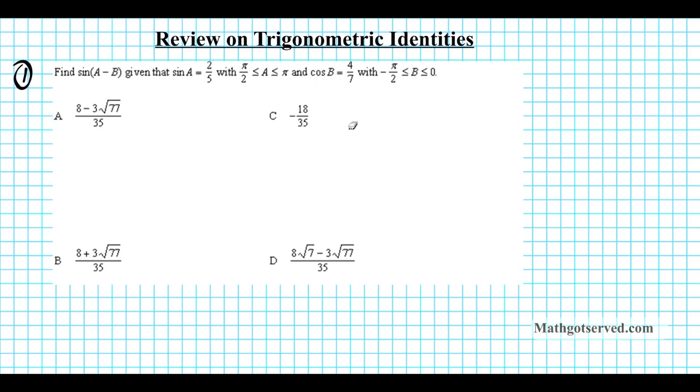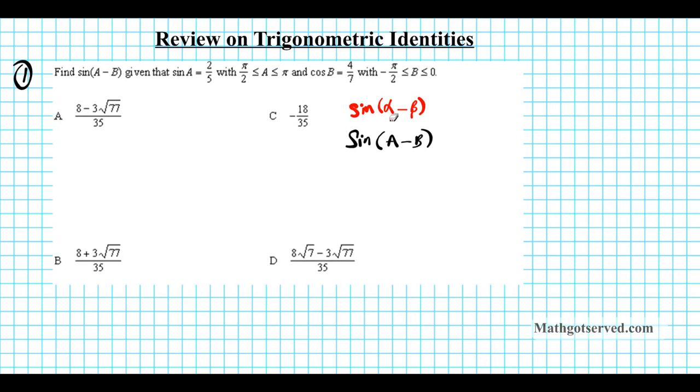Okay, so we need to start off by writing down the identity that can help us determine what we're working with here. So we have to find sine of A minus B. So what trig identity are we going to use here? Well, we have the sine and two angles, alpha and beta, separated by minus.